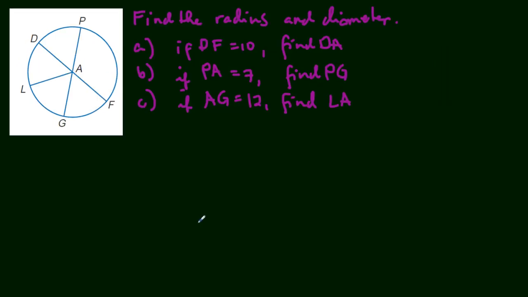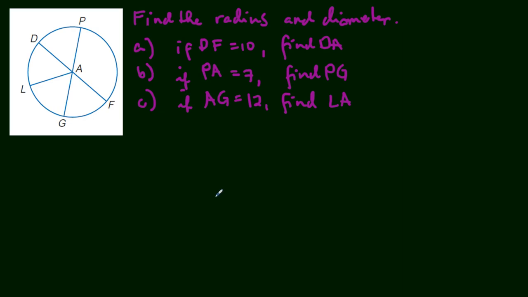This is from the same book. Find the radius and diameter. As you can see, this is circle A, and the diameters are DF and GP. So we have questions here.